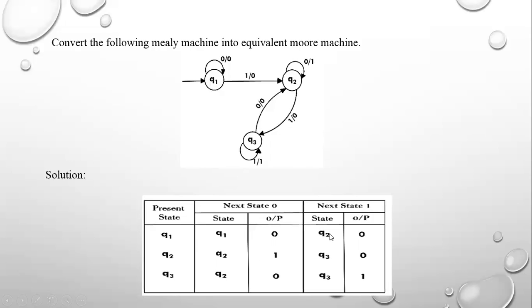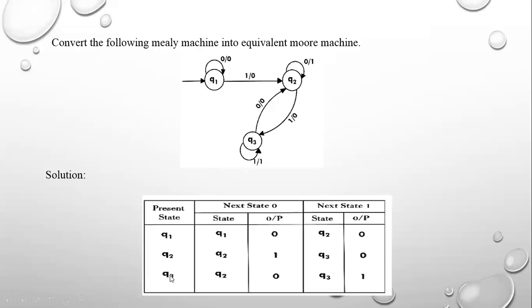But Q1 on input 1 reaches Q2, and the output is 0. So we observe that Q2 is associated with 2 outputs, Q2 with 0 and Q2 with 1. In Q2 0, the output is 0. For Q2 1, the output is 1.